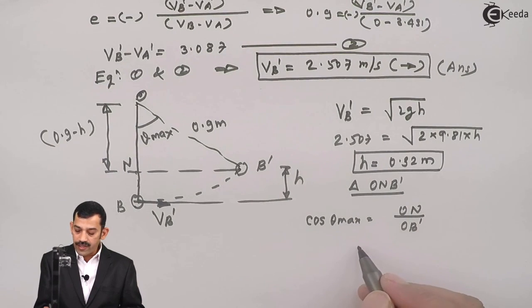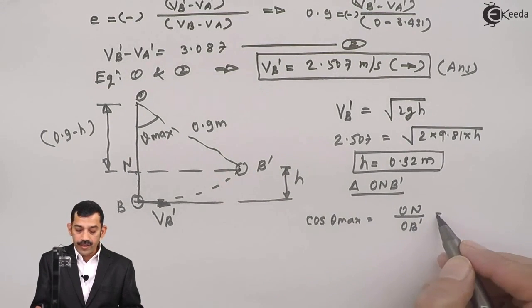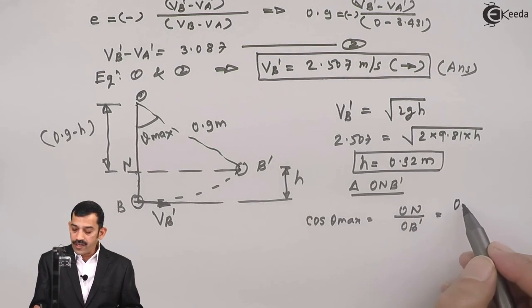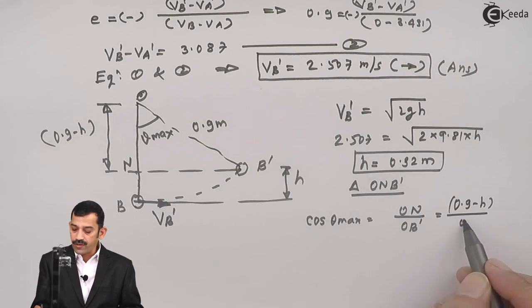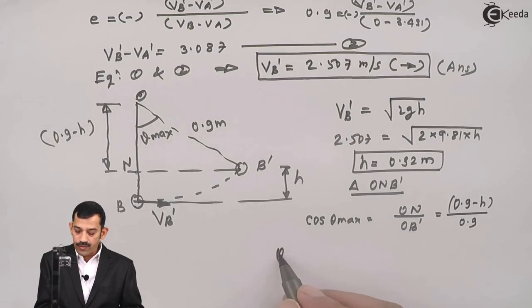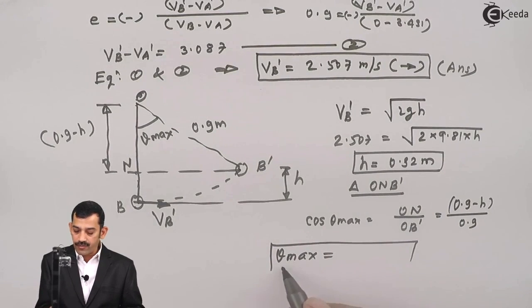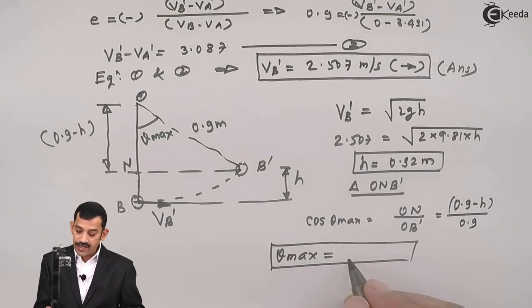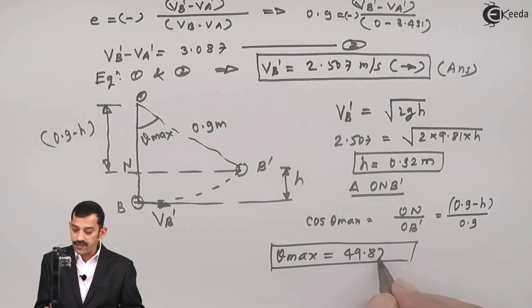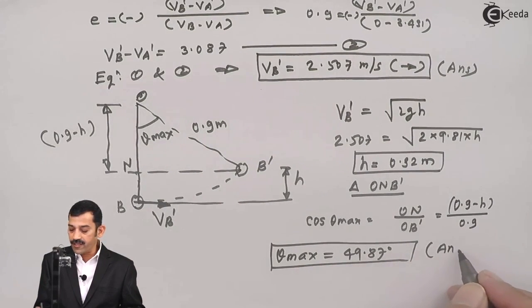ON length is 0.9 minus h, divided by OB dash, which is 0.9 meter. Therefore, the cos inverse of this value gives the maximum angle of swing, which comes out to be 49.87 degrees. This is our final answer.